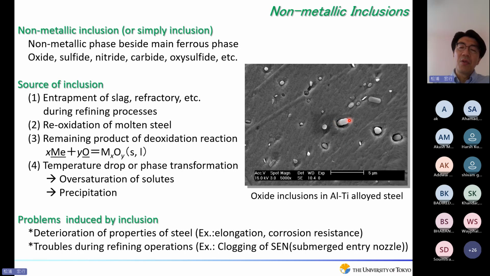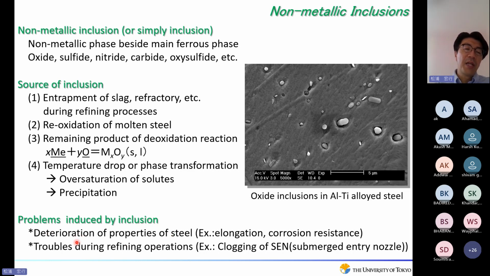When these oxide inclusions are exposed on the surface of steel products, corrosion often happens from that point because of the different electrochemical potential of the material. So this is one part, the deterioration of properties of steel.